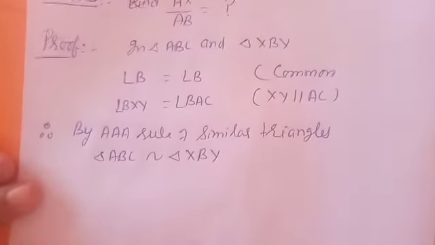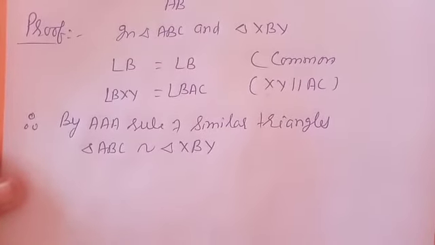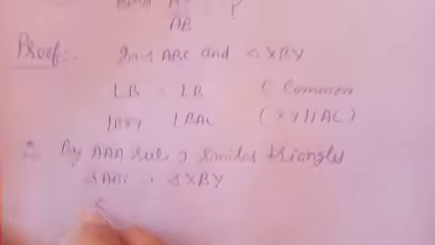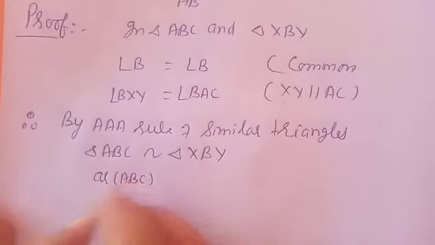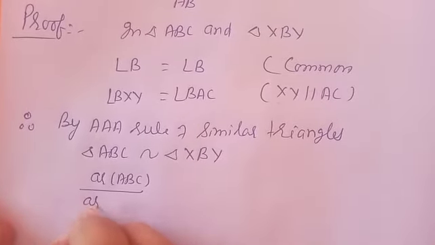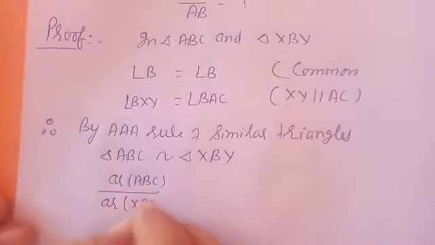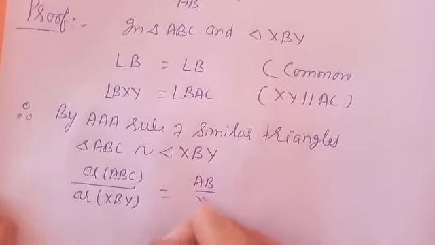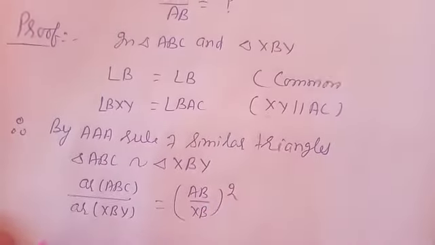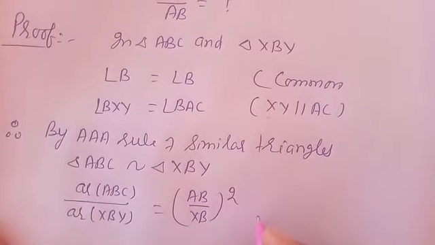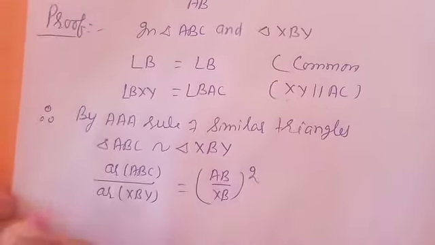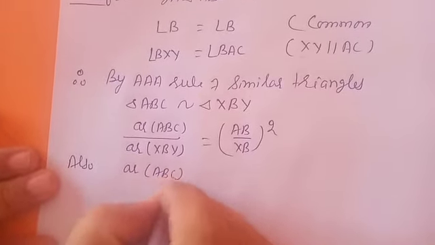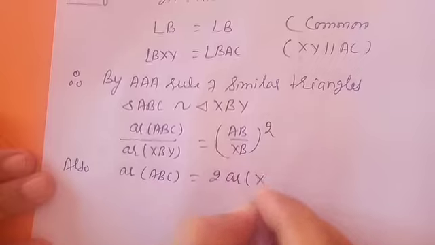So similar triangles, by theorem, if triangles are similar, it means their areas are what? Square of the corresponding sides. So area of triangle ABC by area of triangle XBY is equal to what? AB by XB whole square. Yes or no? Also it's given area of triangle ABC is equal to 2 times area of XBY.